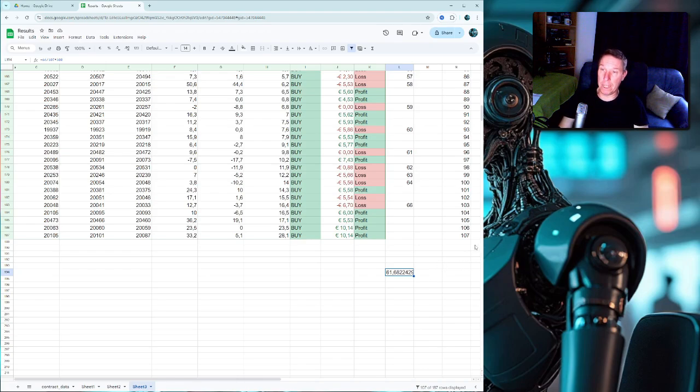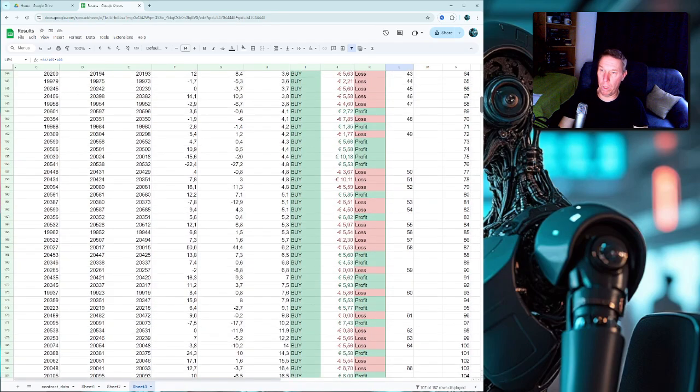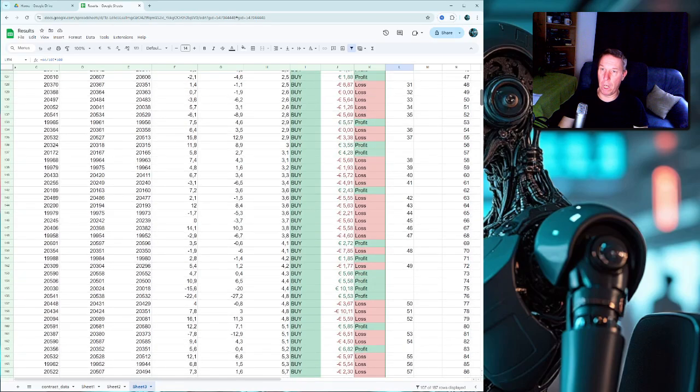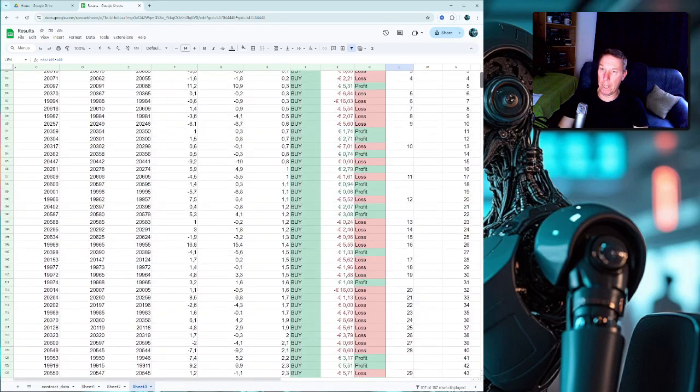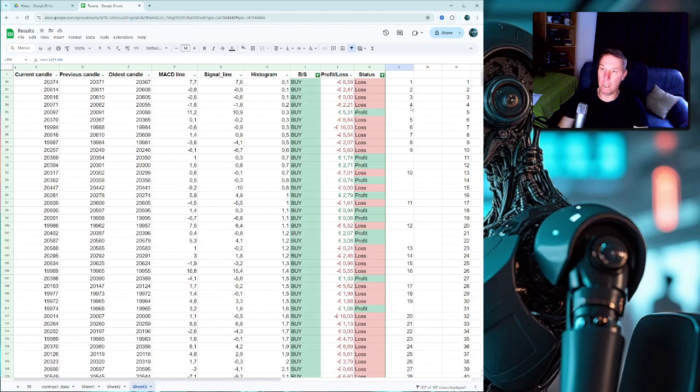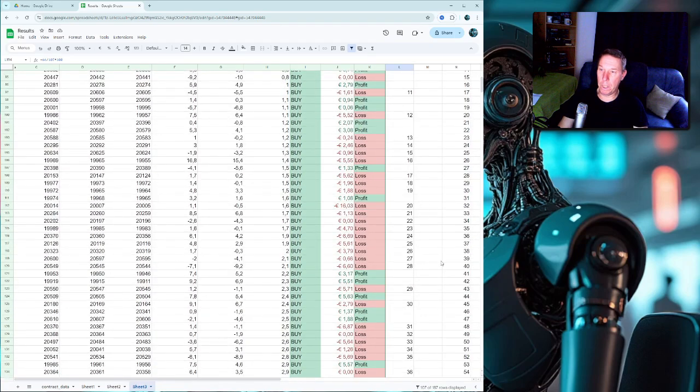If a buy is set, then there is a 61% chance that there is a loss. And we want to boost that one up. And if I look, I see a lot of losses in the first, let's say, 40.